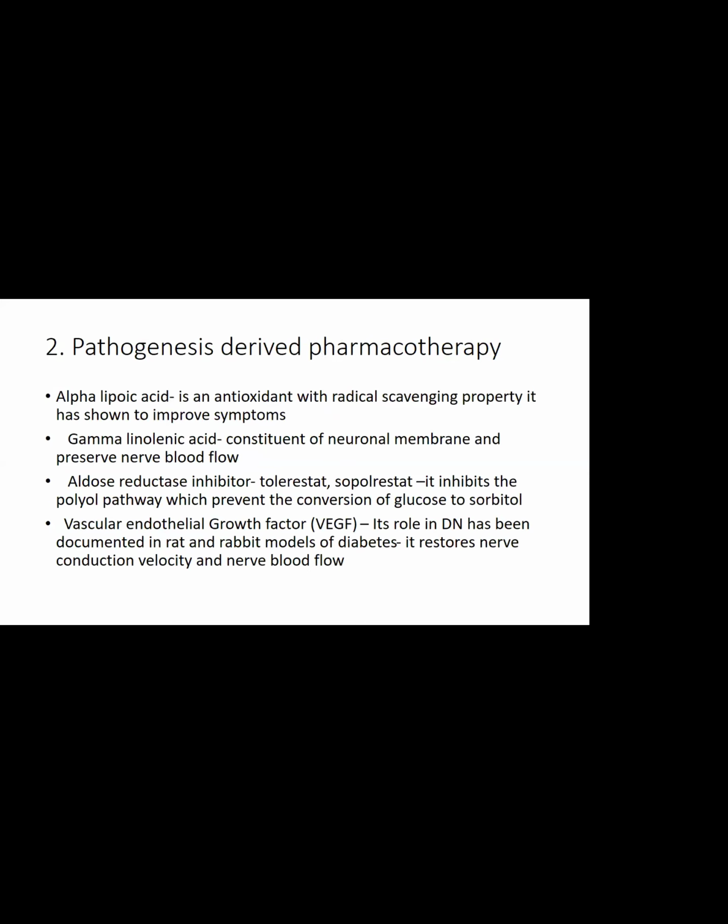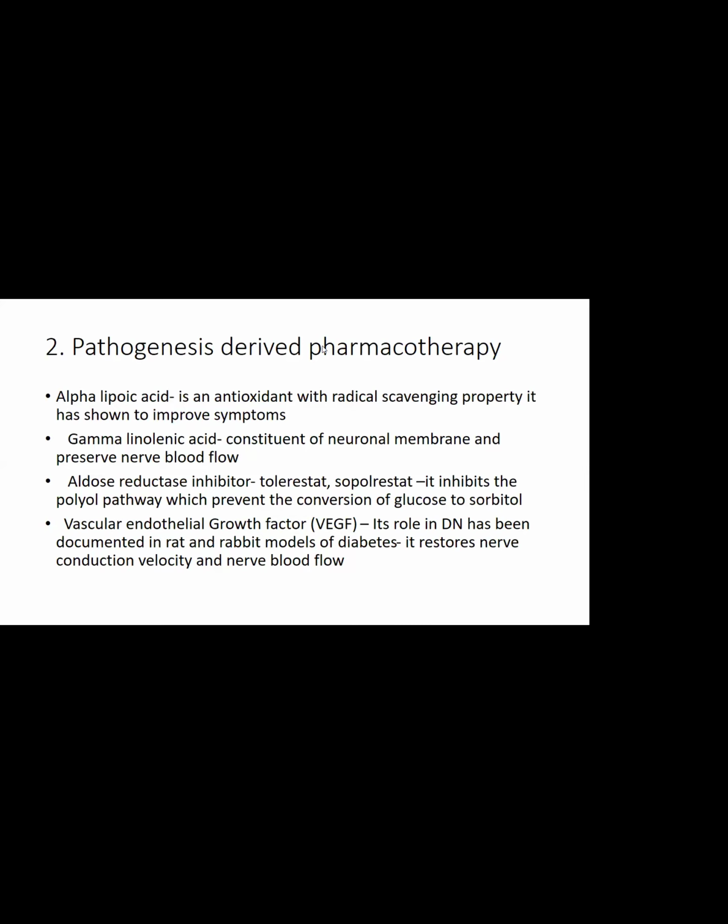Then number 2 is pathogenesis-derived pharmacotherapy. There are drugs that have been developed along the pathway of the pathology of diabetic neuropathy. For instance, alpha-lipoic acid is an antioxidant with radical scavenging properties and has been proven to improve symptoms.